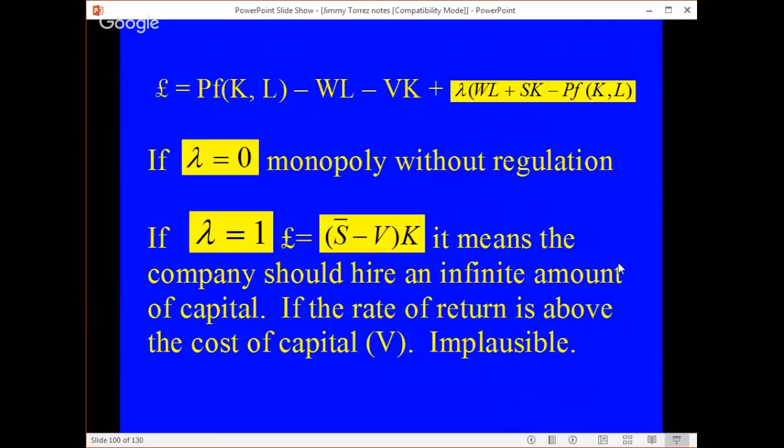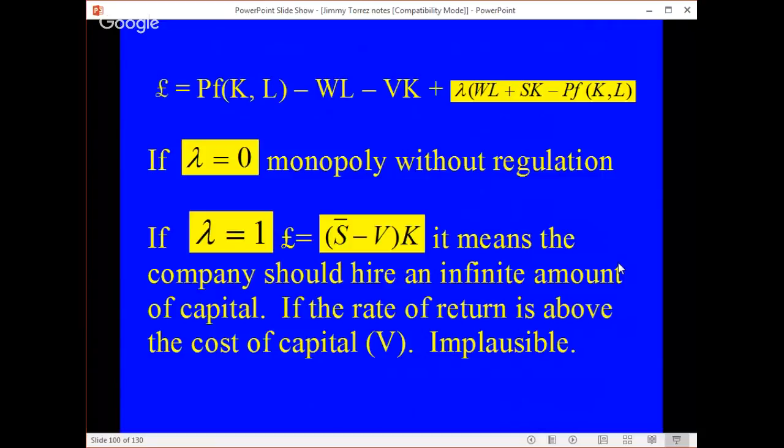Now, the only difference between this portion and this is that this is VK and this is SK. So this is what I want to guarantee them, and this is their cost of capital. So in general, I want S to be equal to or greater than V to ensure that they at least make a zero economic profit and don't have a loss.